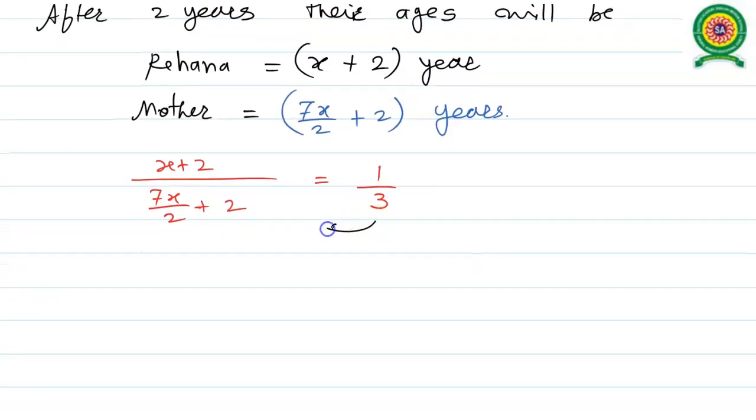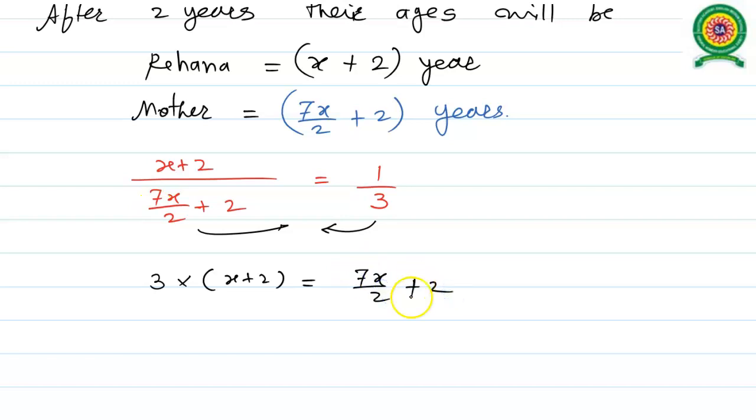Use cross multiplication, shifting the 3 and 7x by 2 plus 2 from LHS to RHS and RHS to LHS respectively, so that we get 3 into x plus 2 equal to 1 into 7x by 2 plus 2.